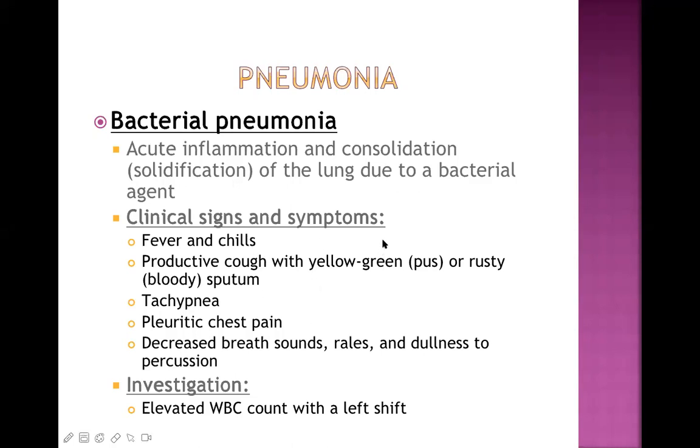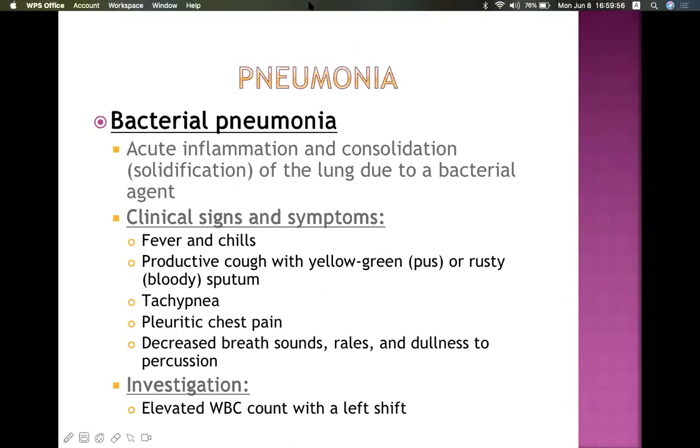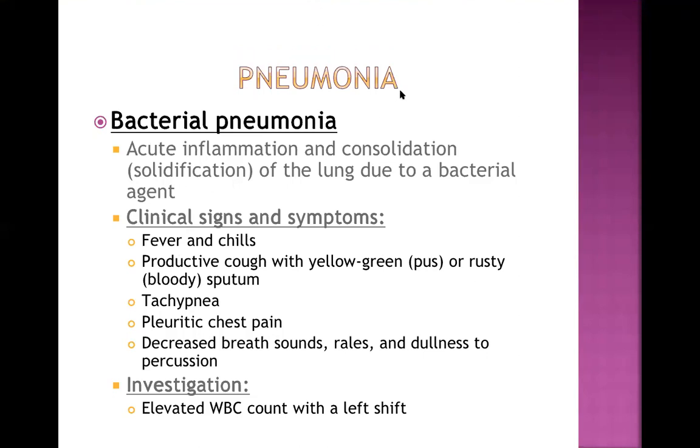Now, what are the clinical signs and symptoms of pneumonia? Just have a look there. This patient is having high-grade fever with chills and rigor. Though rigor is not written here, rigor can be there. Now, what are chills and what is rigor?